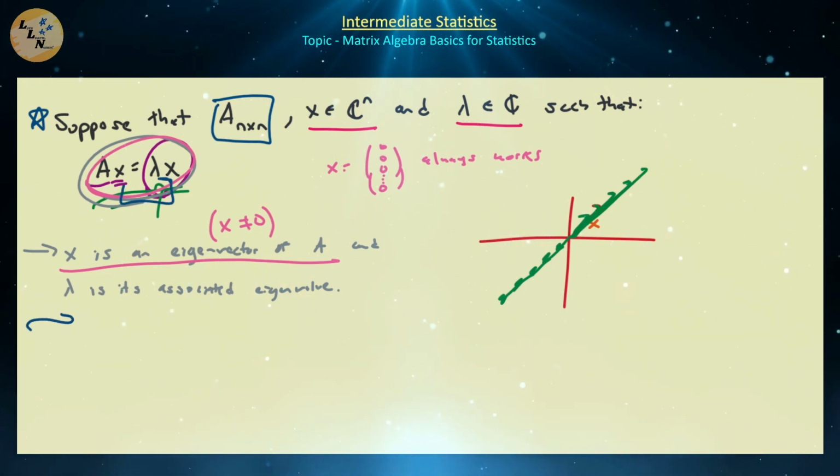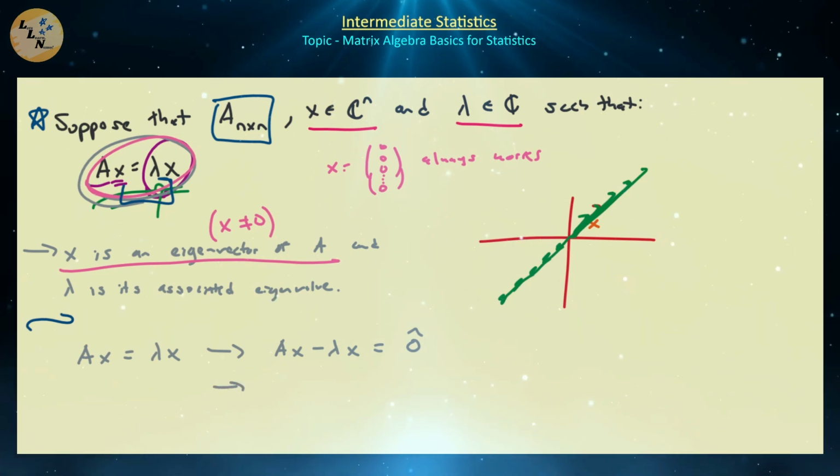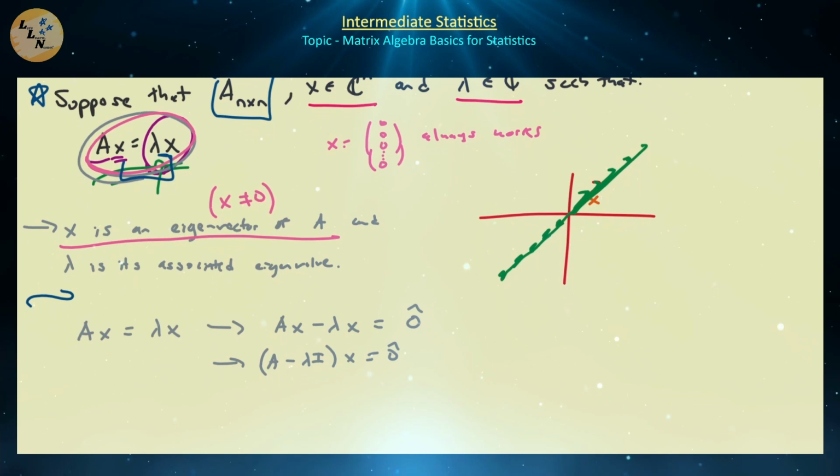So if we look at this equation in a little bit more detail, Ax equals lambda x, we want to find all vectors x that make this true and all values lambda that are associated to it. So if we look at the equation in the reverse direction, Ax minus lambda x is equal to the zero vector, and we factor out an x on the right hand side, we're going to have A minus lambda times the identity, because we have a matrix minus a matrix, times x, is equal to the zero vector.